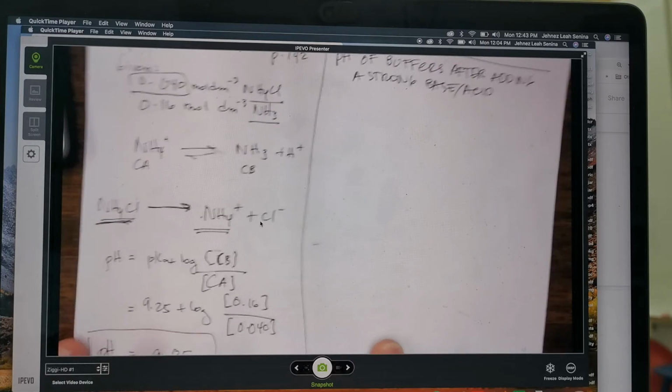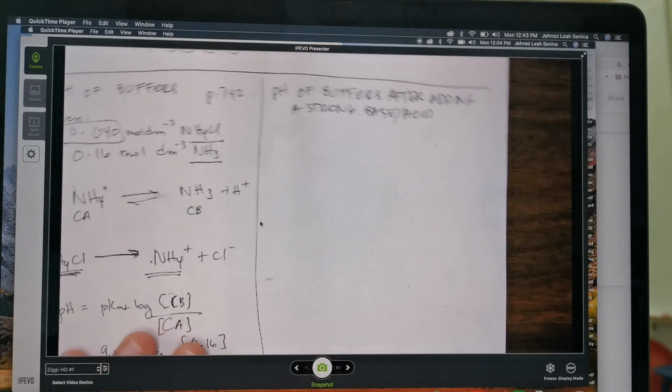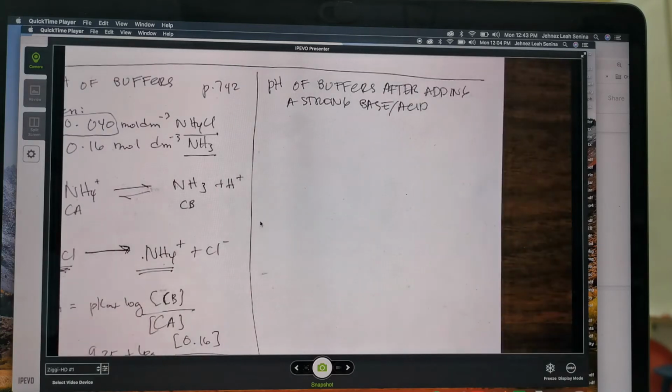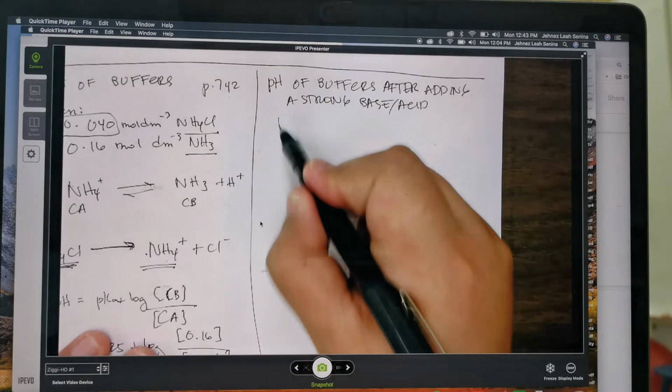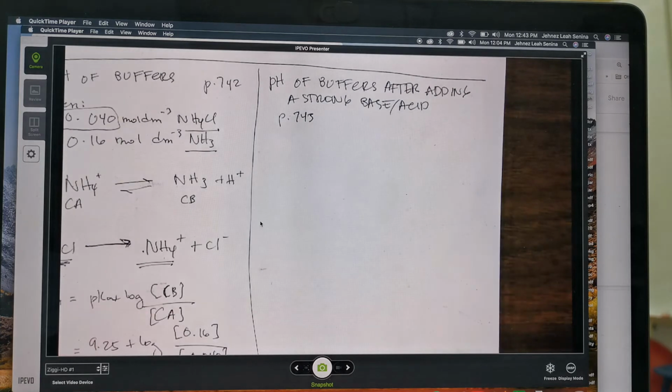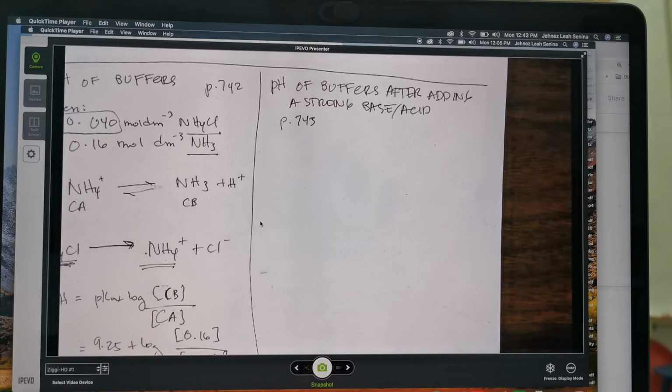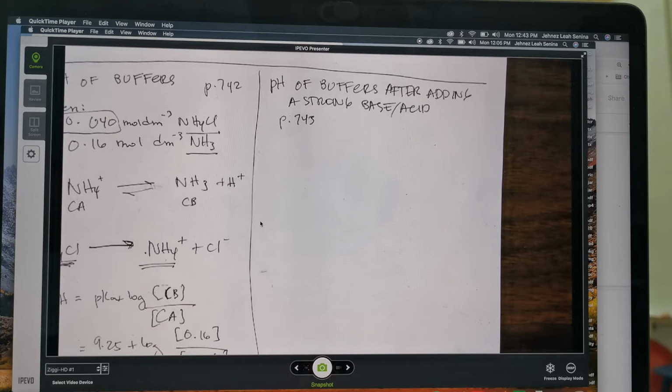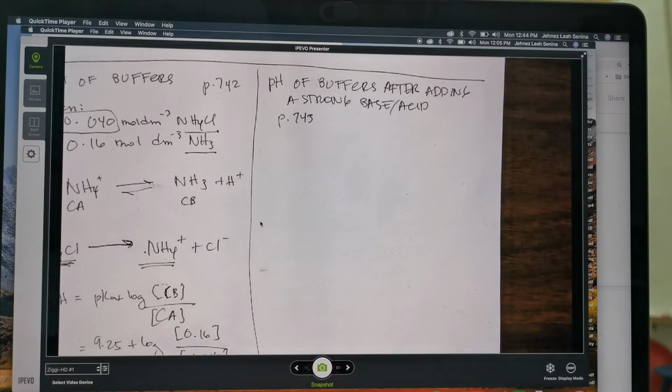Okay, second one. This one is a little bit more challenging, so I need you to be listening very carefully. Okay, so I'm going to use the problem on page 743 of your textbooks. All right, so it says there, the hydrogen carbonate buffer was prepared by slow addition of 20 mL of 0.1 mole per dm cube of hydrochloric acid to 80 mL of 0.2 mole per dm cube of sodium hydrogen carbonate.